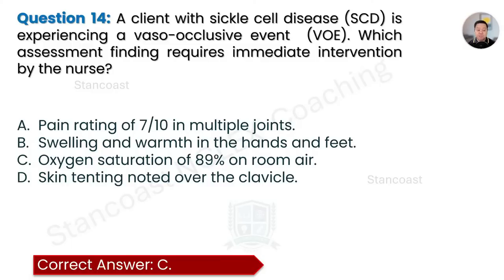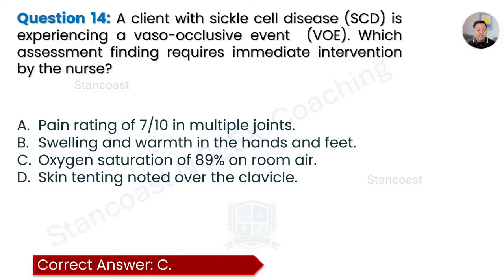And you have to really intervene by administering oxygen supplementation to prevent progression. Now, delaying the intervention can also lead to acute chest syndrome, which is another life-threatening complication in sickle cell disease.